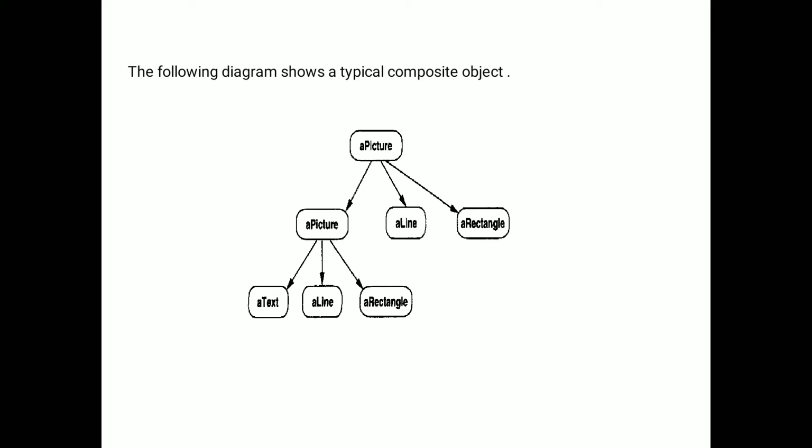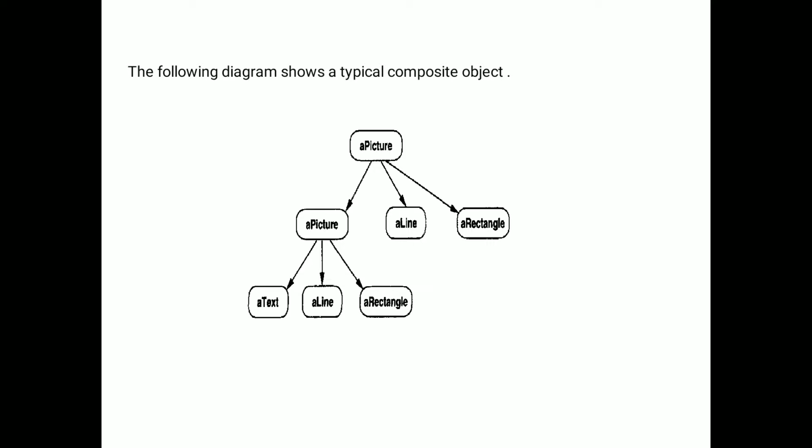Now let us see a typical composite object. Here you see a fixture is a composite object under which you are having the child classes: a fixture, a line, a rectangle. All these are the composition components. The first one is the component, and it is having the information of the composition components. A fixture, a line, a rectangle are the children of the fixture.